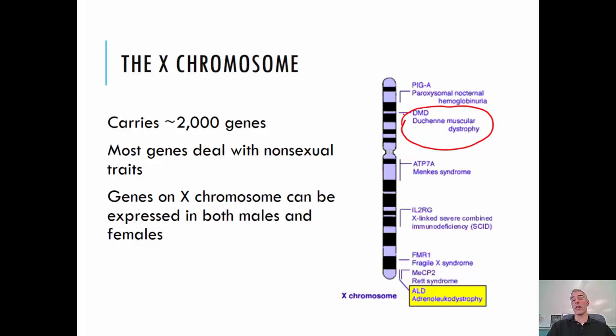If that's mutated, a child would have Duchenne muscular dystrophy, or ALD, adrenoleukodystrophy, which was a disease popularized in the film Lorenzo's Oil, if you've ever seen that one. That's also caused by a mutation on the X chromosome. Neither of those things have anything to do with sex at all, but they're still found on the X chromosome.